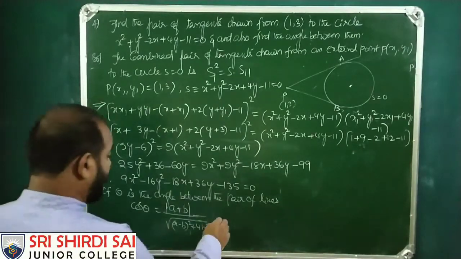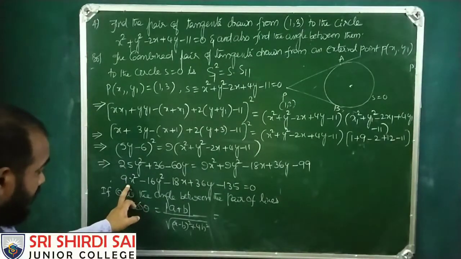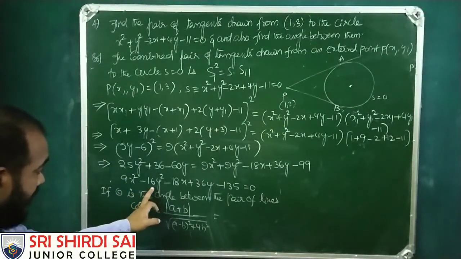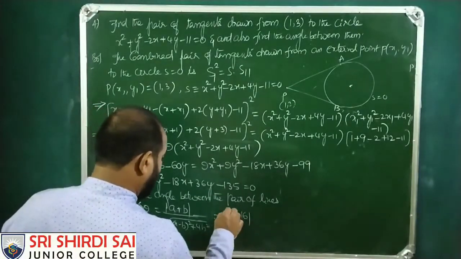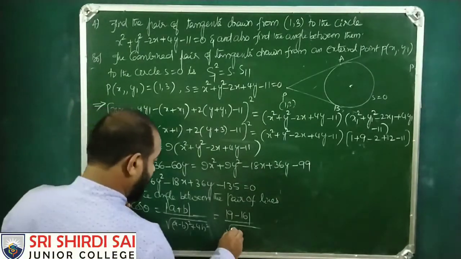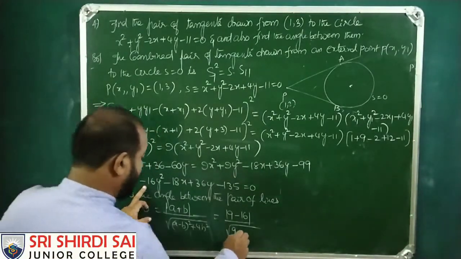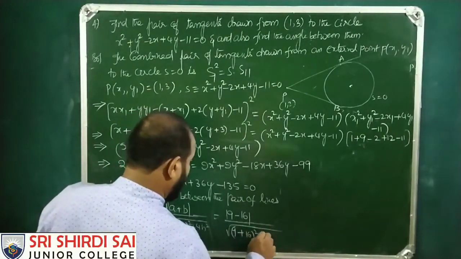Okay, so this is equals to, a is 9, b is minus 16, so (9 minus 16) by square root of (a minus b) whole square, so (9 minus of minus 16) whole square plus 4.